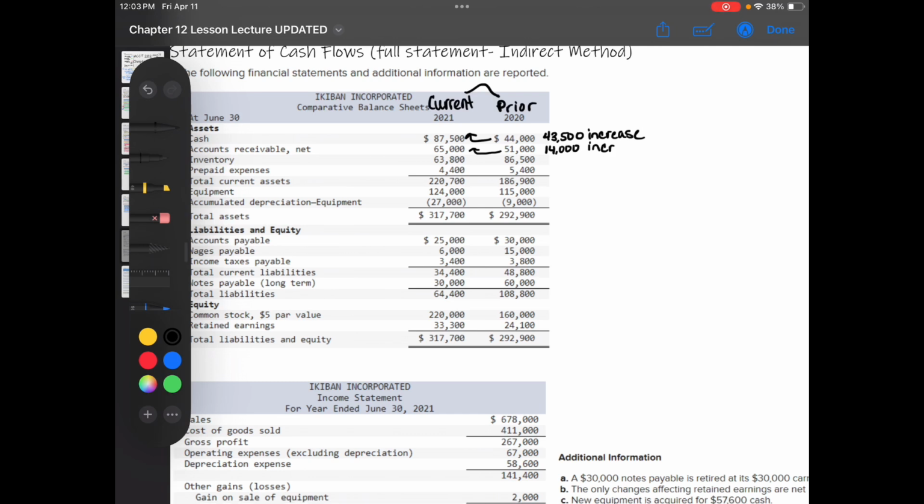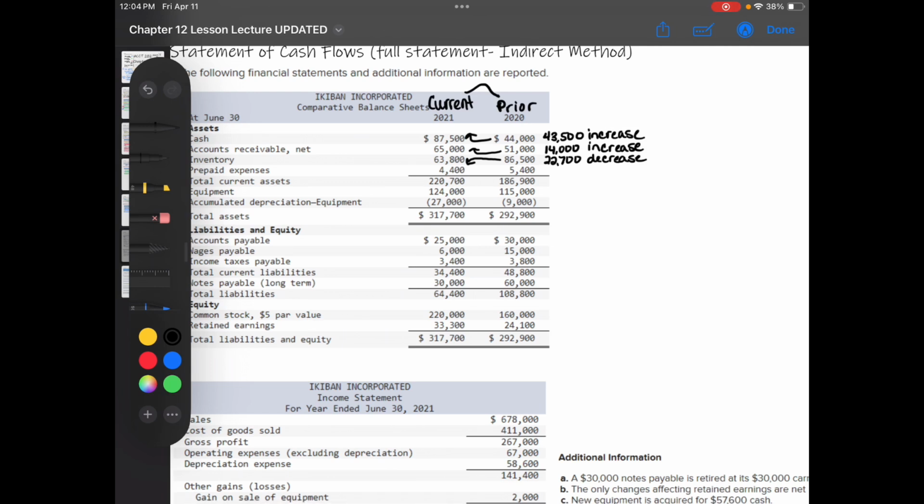And let's do one more to show a decrease. We'll go down to this one, which actually decreased, 86,500. It decreases to 63,800. So that's a $22,700 decrease.